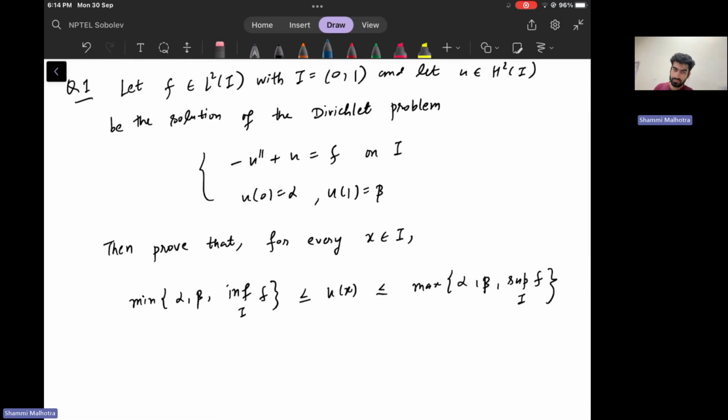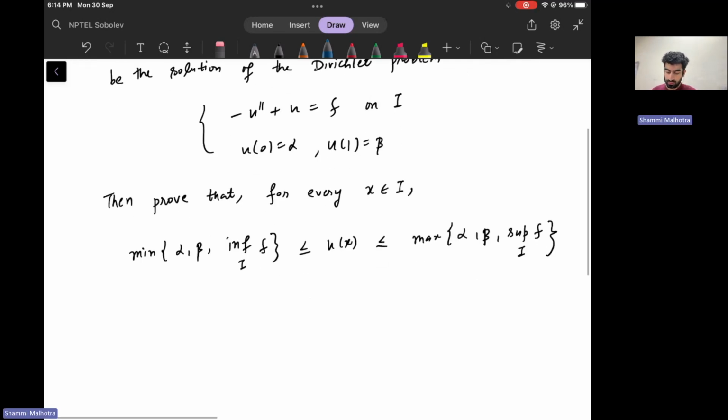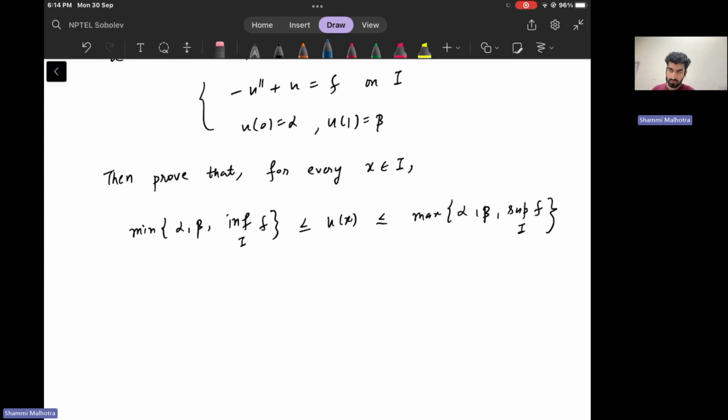Since we are able to define pointwise values in one dimension, we have the maximum principle in this pointwise sense. Actually, we can take the infimum and the supremum of u(x) as well. But the point is that we can talk about the point values because we are in one dimension.